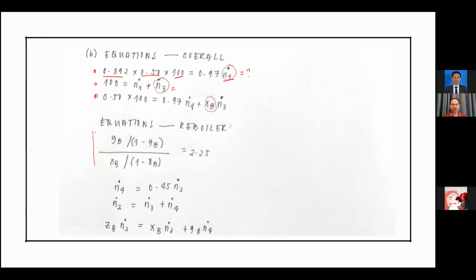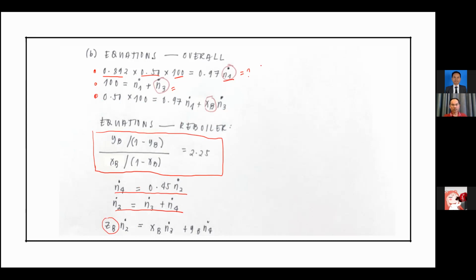This equation is given in the first part, and we have the calculation for N4 and N2. And we have this for the calculation of ZB also.